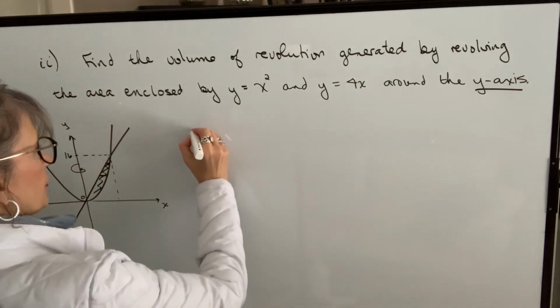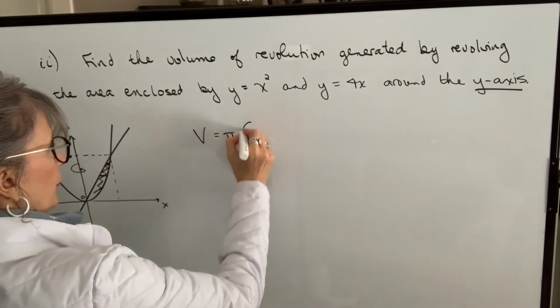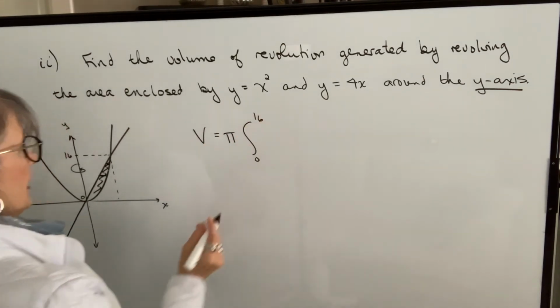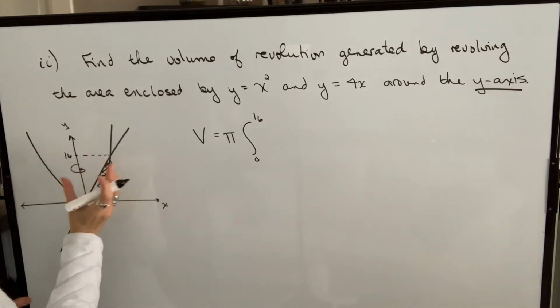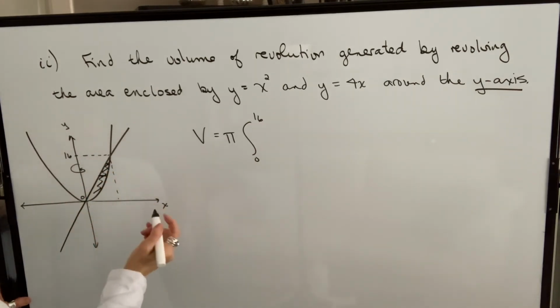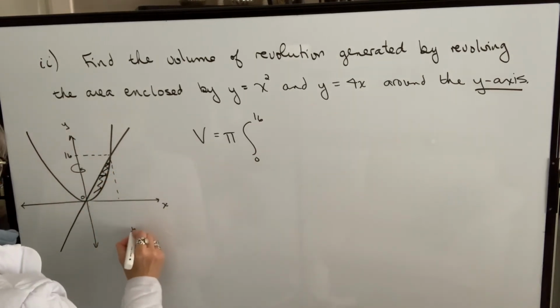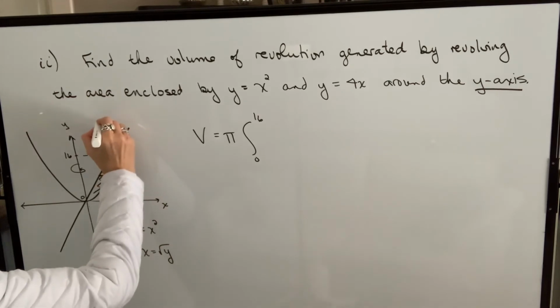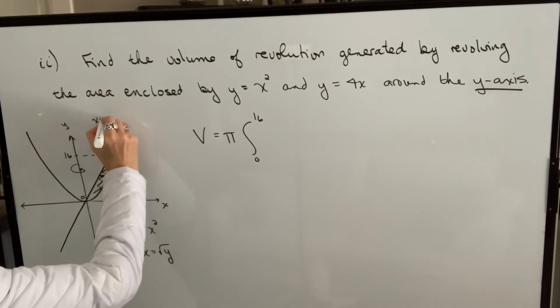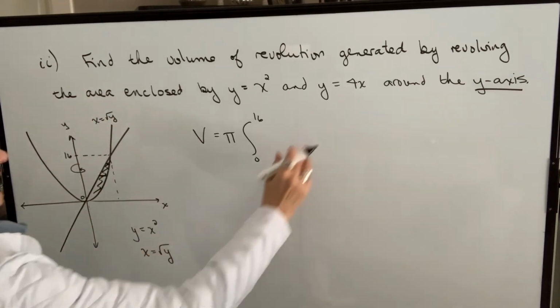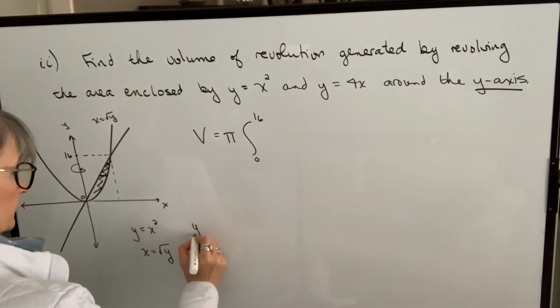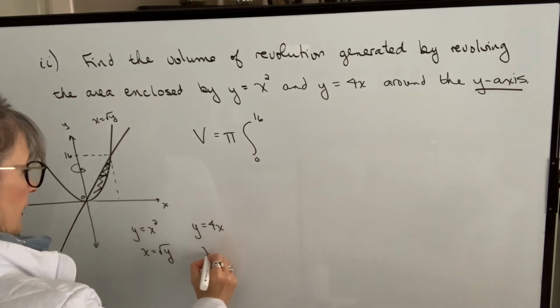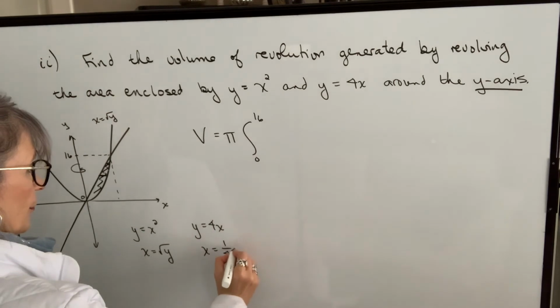Then we set up our integral. We know it's 0 to 16, and we have to define our functions in terms of y. So if y equals x squared, then x is equal to the square root of y. And that will be this function right here, x equals square root of y. If y equals 4x, then x will equal 1/4 y.